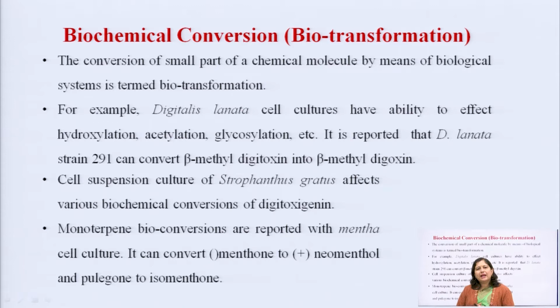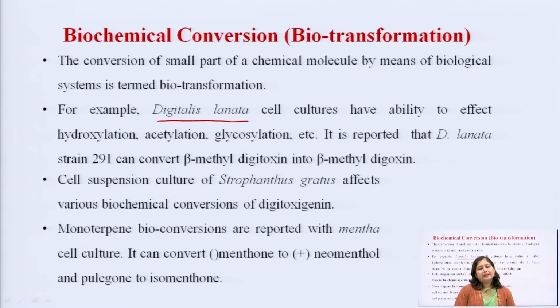One of the examples which has been performed is a plant named Digitalis lanata. Now, Digitalis lanata is well known for its effect on the heart. It is a cardiotonic drug.